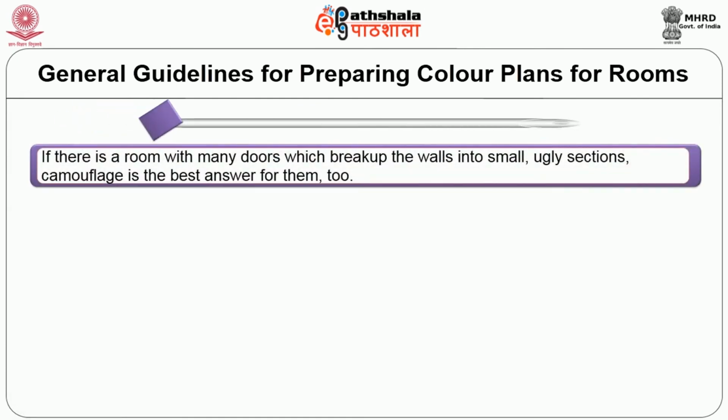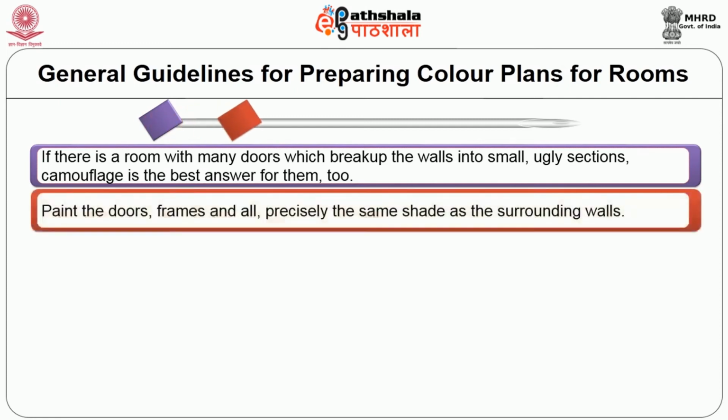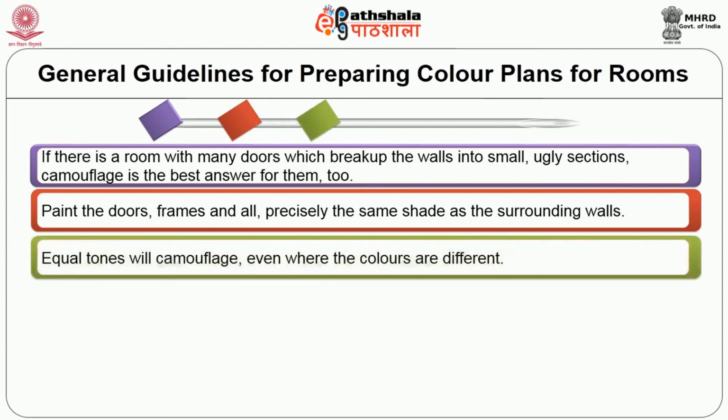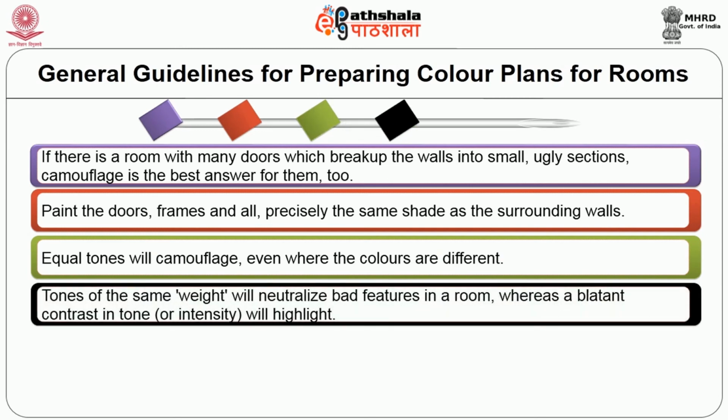If there is a room with many doors which break up the walls into small, ugly sections, camouflage is the best answer. Paint the door frames and all precisely the same shade as the surrounding walls. Equal tones will camouflage even where the colors are different. Tones of the same weight will neutralize bad features in a room, whereas a blatant contrast in tone or intensity will highlight.